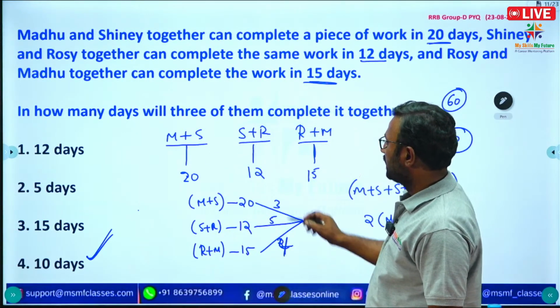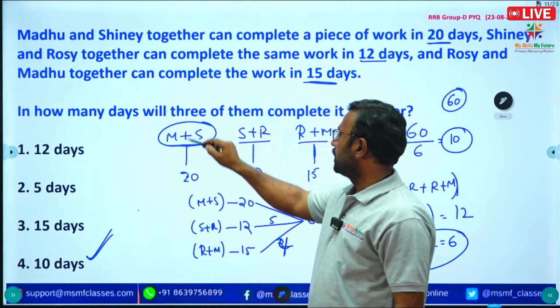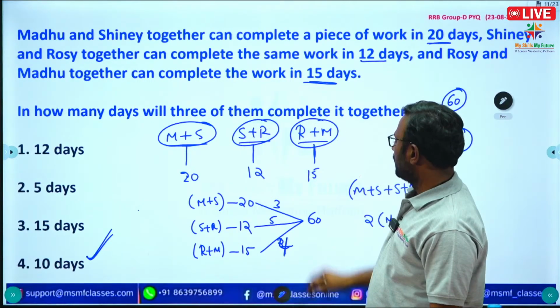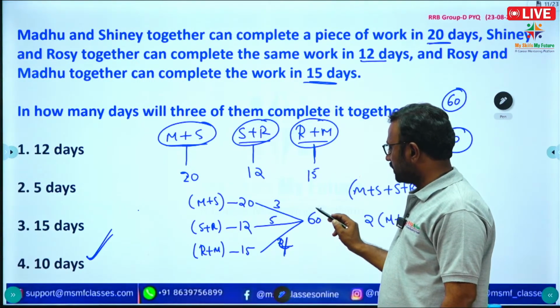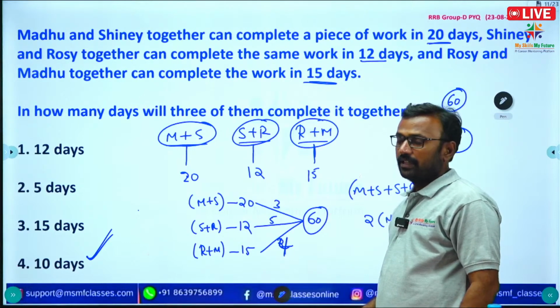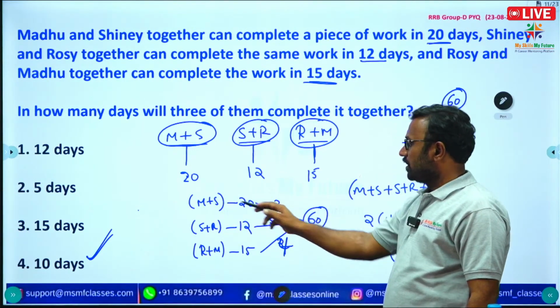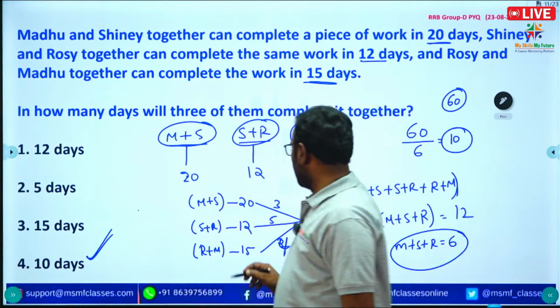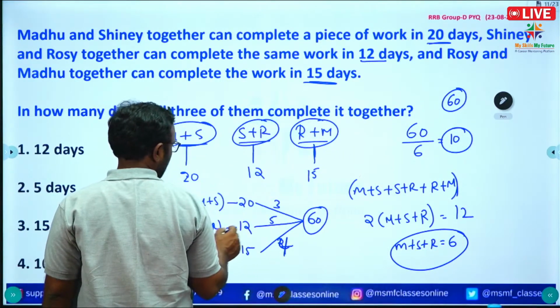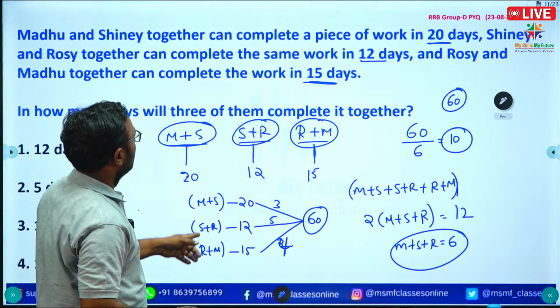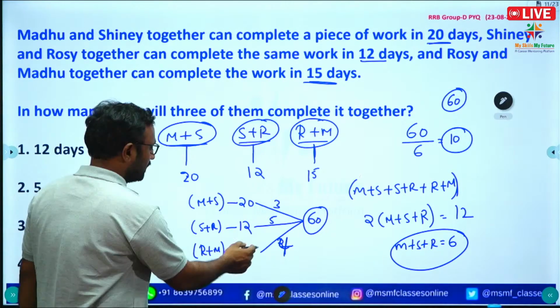Once again, they have given the information of Madhu and Sinhe, Sinhe and Roshi, and Roshi and Madhu. The total units of work is 60. Madhu and Sinhe complete 3 units out of 60 in a day, Sinhe and Roshi complete 5 units, and Roshi and Madhu complete 4 units.